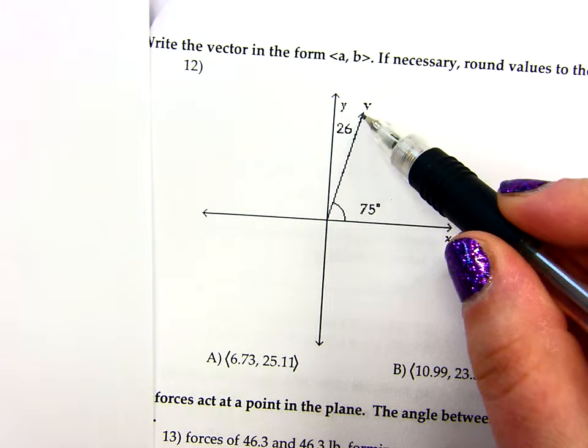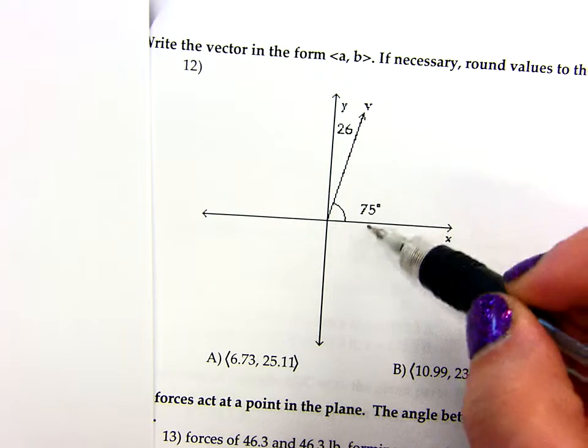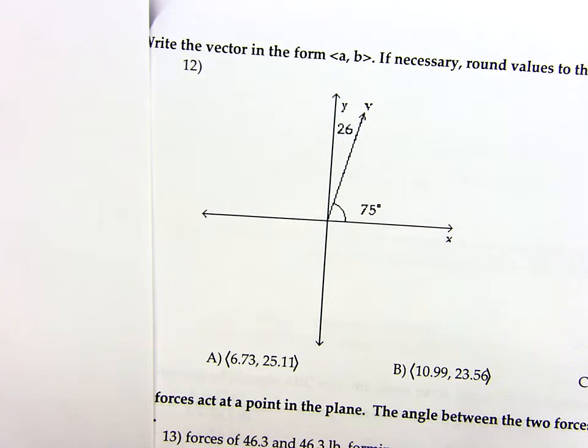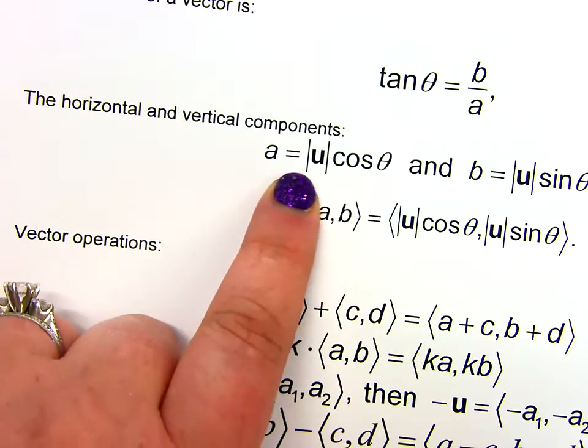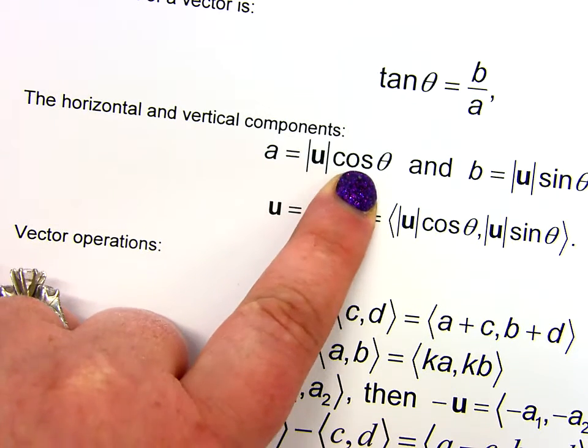They gave me the magnitude, 26, and its angle is 75. It looks like I can just solve for A, and I should get my answer. I look at my reference sheet, and I see that A is just equal to the magnitude times the cosine of the angle.